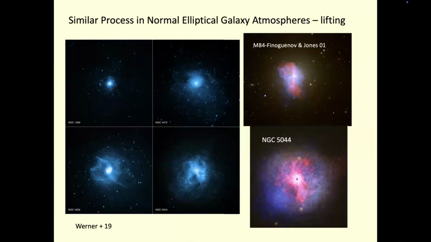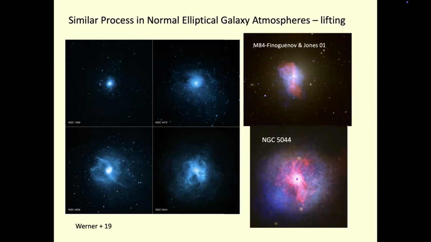Here we see a little gallery of galaxies: NGC 1399, 4472, 4636, and NGC 5044, which is a small group. You can see the X-ray atmospheres on the left are all beaten up, and this is due to jet activity from the nucleus.